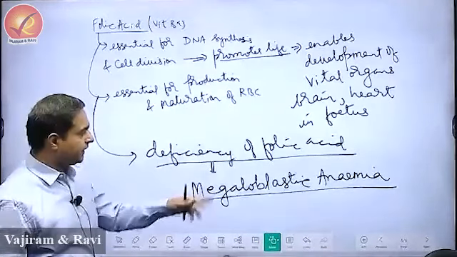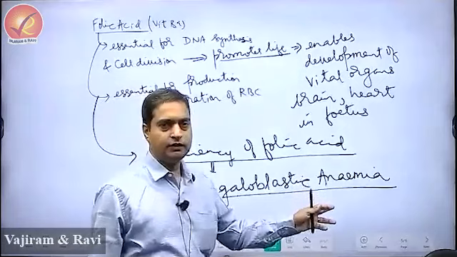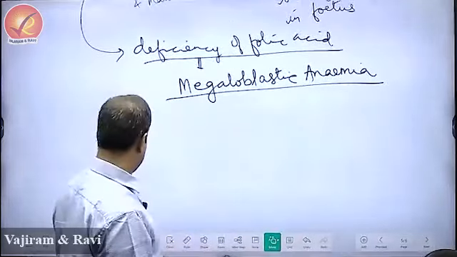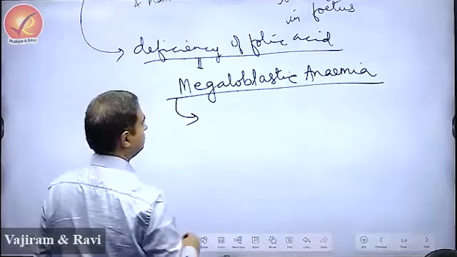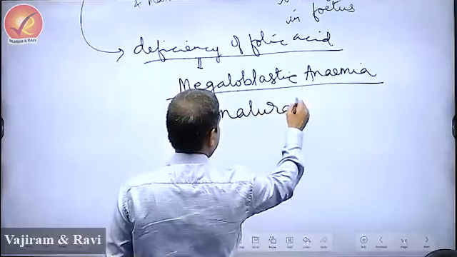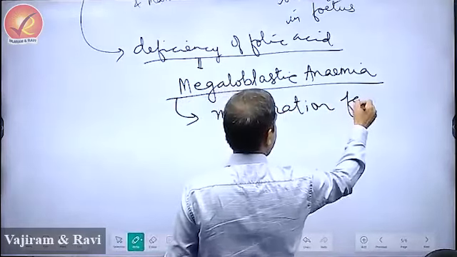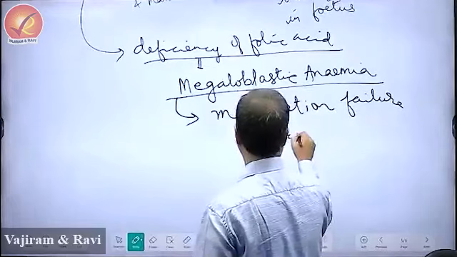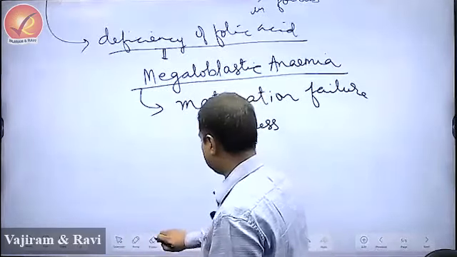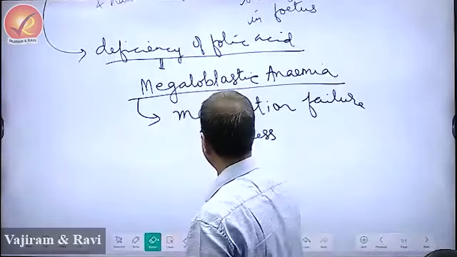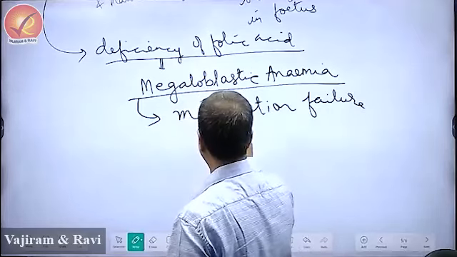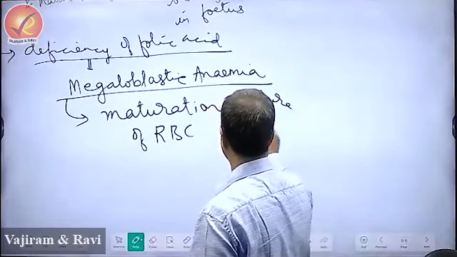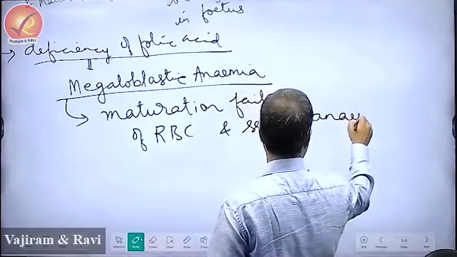So deficiency of folic acid, you can write, is called what? Megaloblastic anemia. And what are the symptoms? Maturation failure of RBC, and severe anemia.